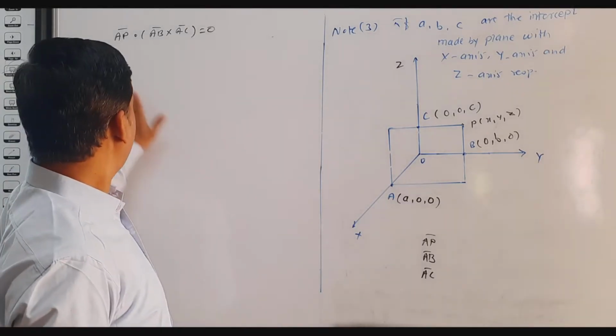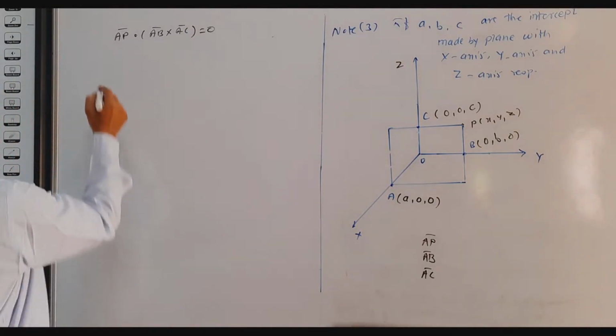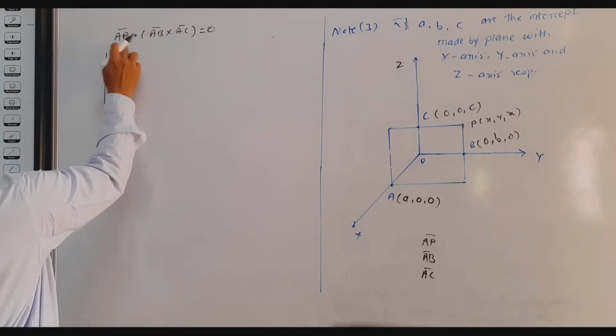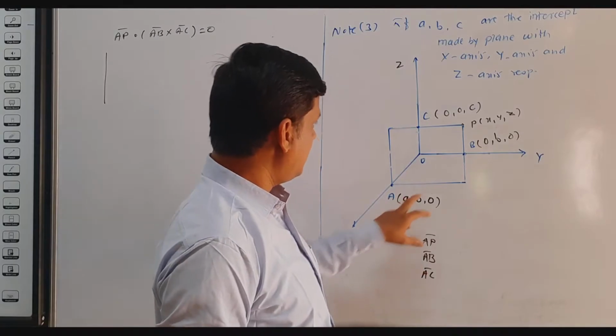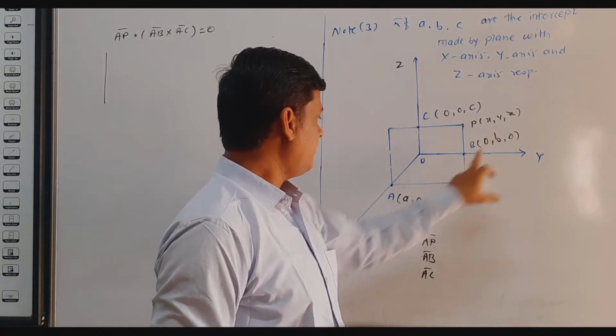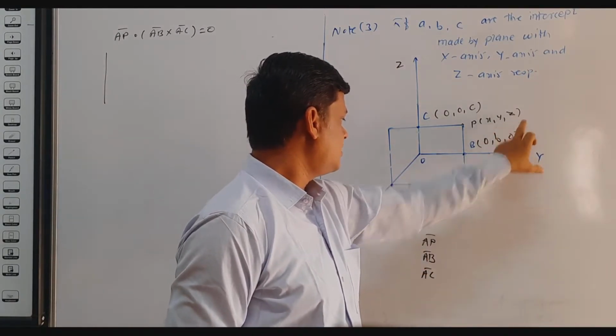Now again we write this in determinant form. Vector AP means x minus a, y minus 0, z minus 0.